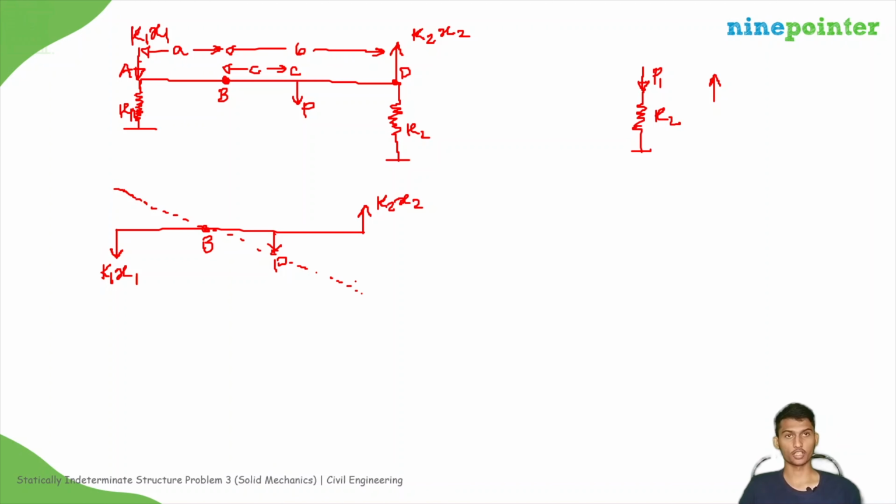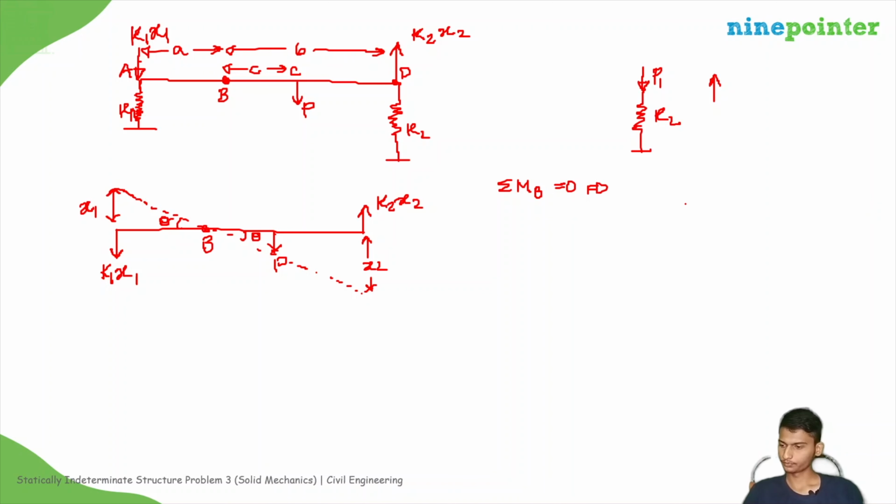Right? The deflected rod shape will be like this. So this will be theta. Theta max, theta is limited to 3 degrees, right? Maximum it can go up to 3 degrees. So this is x2, this will be x1, right? So we can apply the moment equilibrium equation at point B equal to 0.